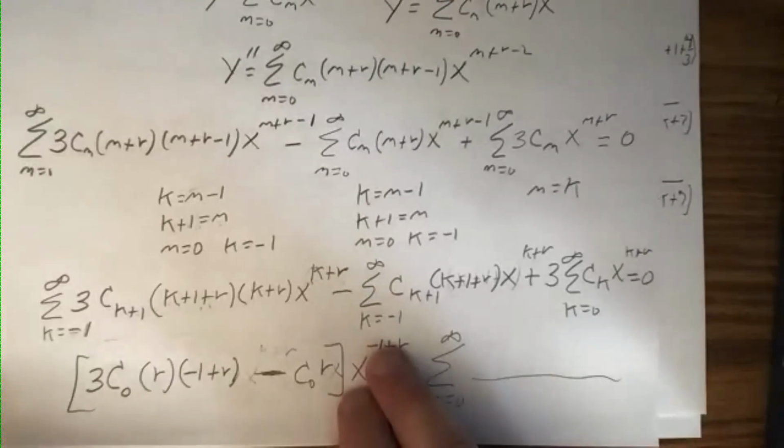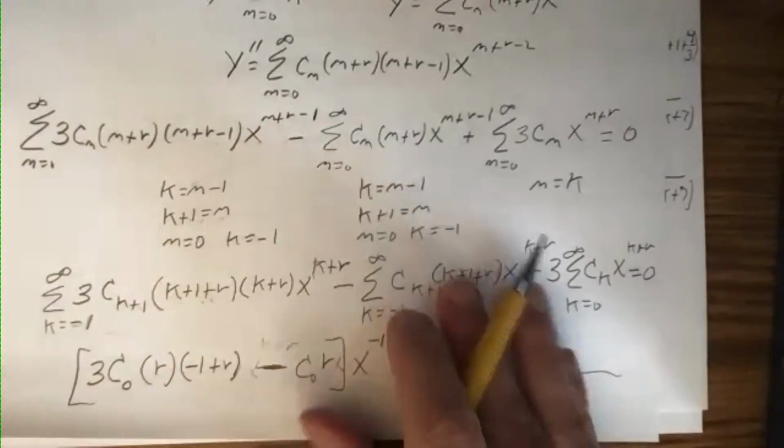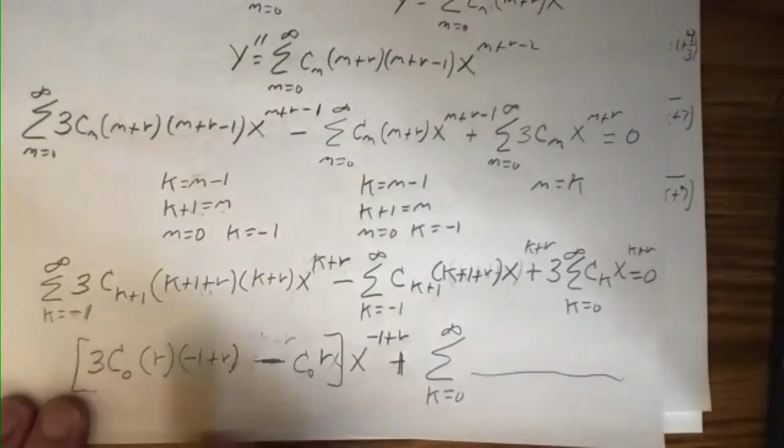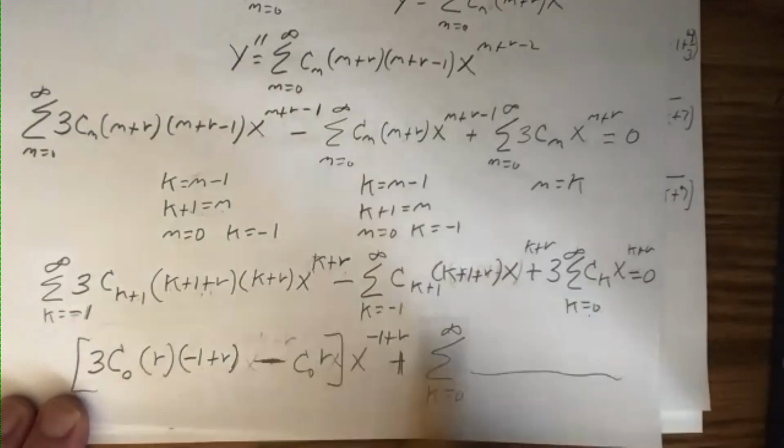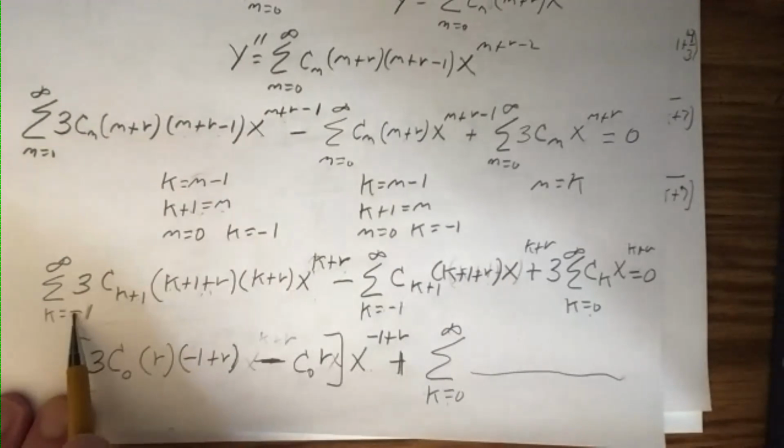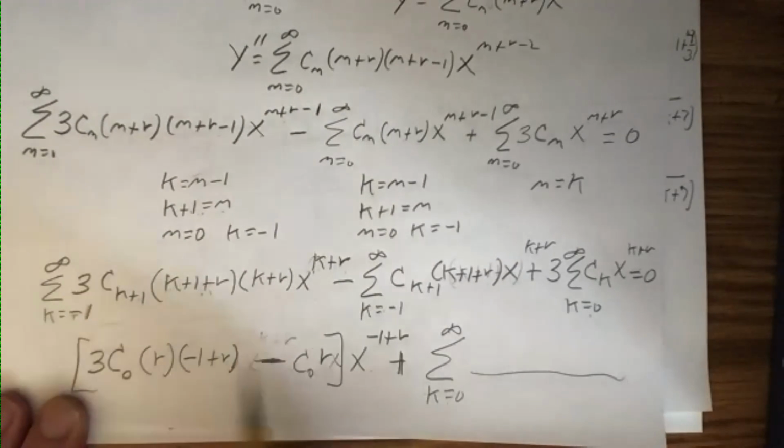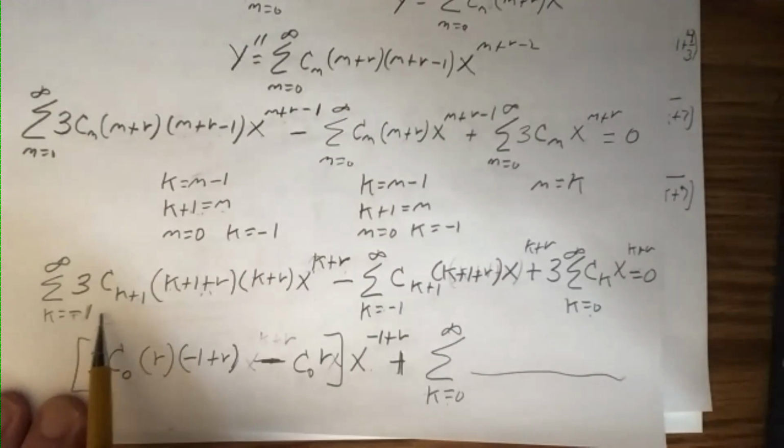The way we got the R values is right. We expanded this out, right? In other words, this starts from k equals 0. This starts from k equals -1, and this starts from k equals -1, right? So I wrote out the first term.